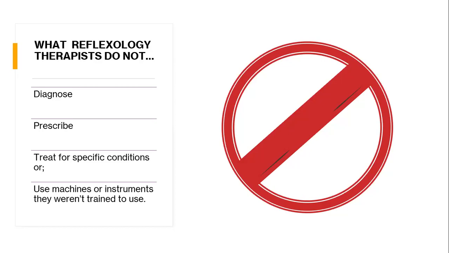I don't say, you need to take this 4 times a day for 2 weeks, right? It's just something that they can look into. We don't treat for specific conditions because all systems are interconnected, and we don't use machines or instruments that we weren't trained to use.